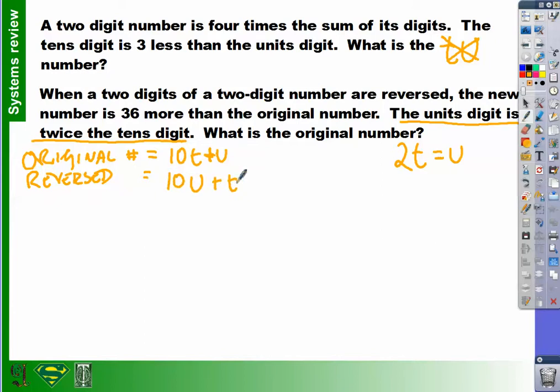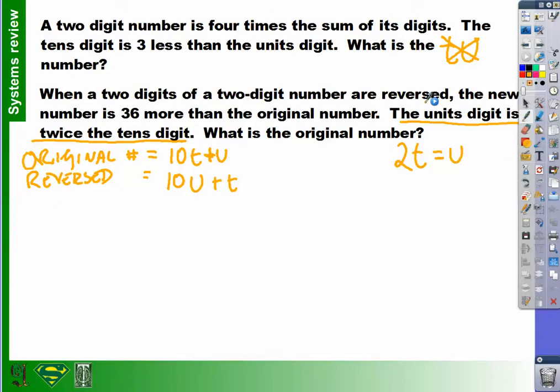So we have the original number in an expression and the new number in an expression. Now let's write a number sentence that goes with our first English sentence. The new number, once it's been reversed, is 36 more than the original.